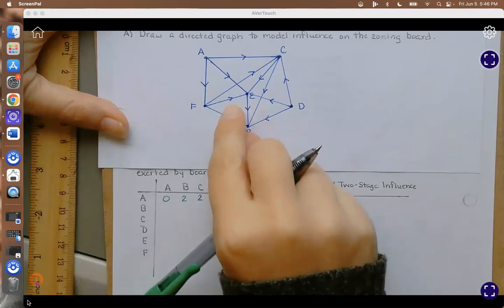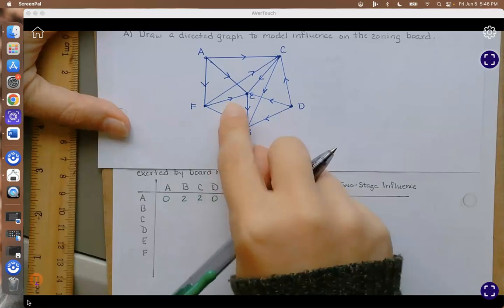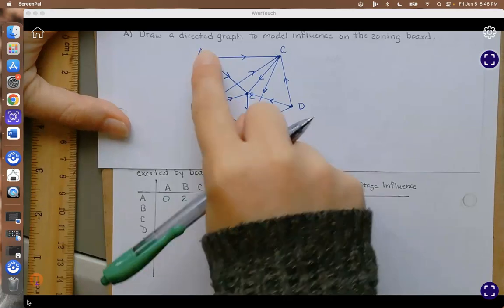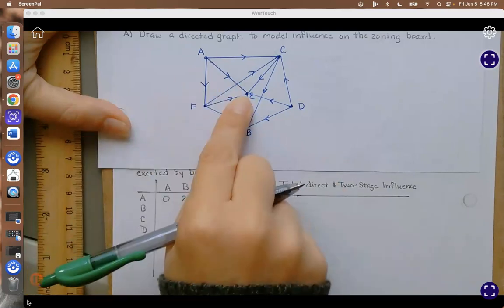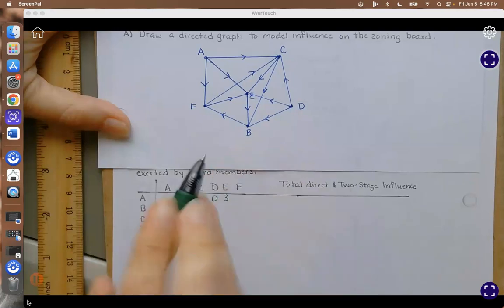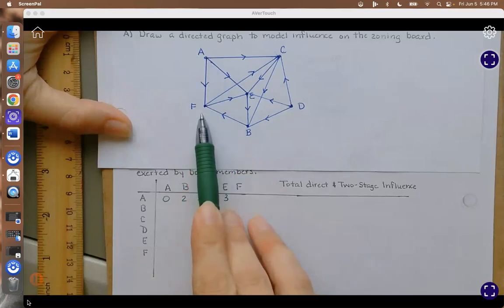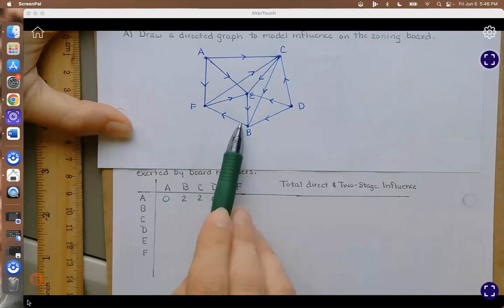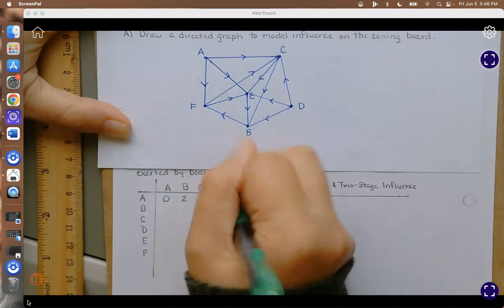Are there any lines coming into E? Yes. Okay, so to get from A to E, we have 1, we have 2, we have 3. So to get to Ferraro, A to F is 1 way. And then the only other road into Ferraro is by B, and I can't get there in 2.